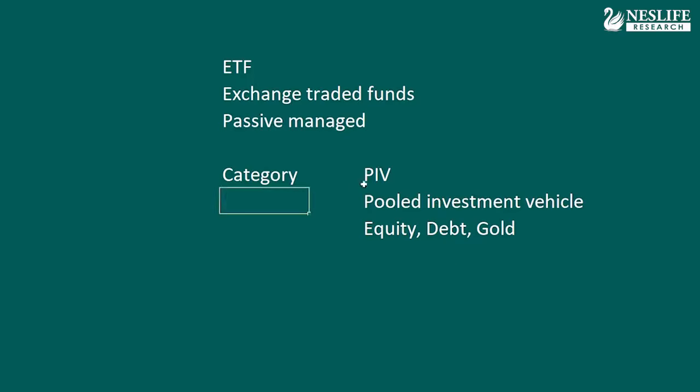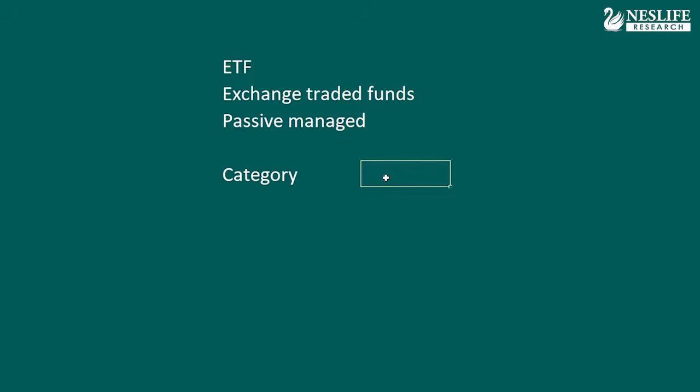So category. What are the categories? We will mention them under 3 categories: equity, debt, and hybrid. These are the mutual fund categories. Usually ETF of hybrid category is not available, so we'll remove this.